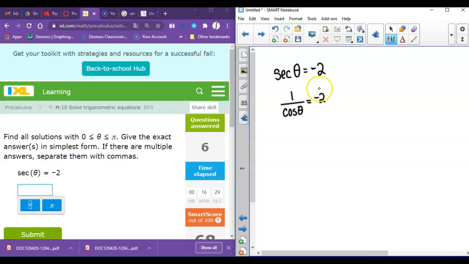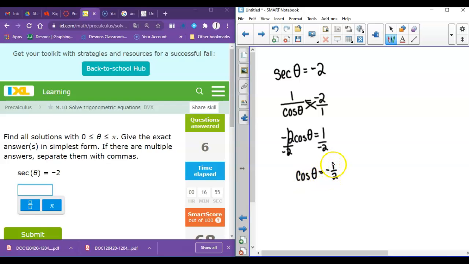So if I cross multiply, negative 2 cosine theta would have to equal 1. Then if I divide both sides by negative 2, I've got cosine of theta equals negative 1/2.